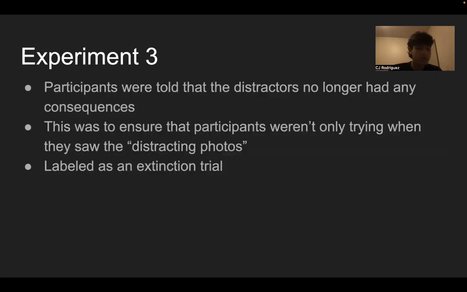They wanted to rerun this experiment because participants were taking a strategy where if they didn't see the distractor photo, they wouldn't try on the trial.